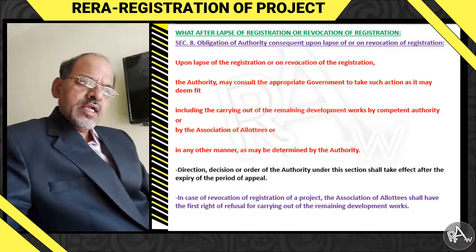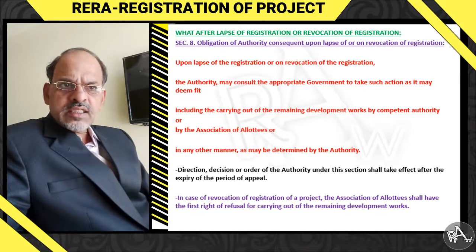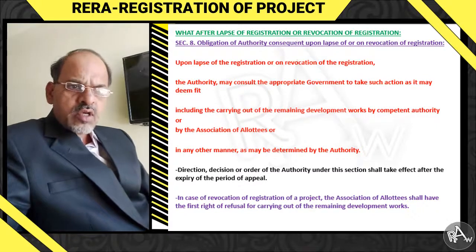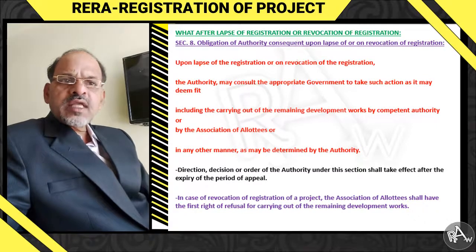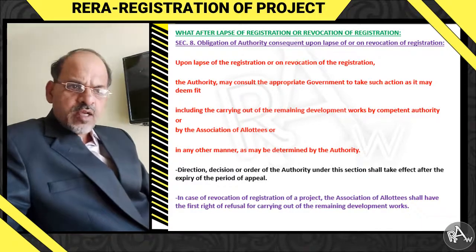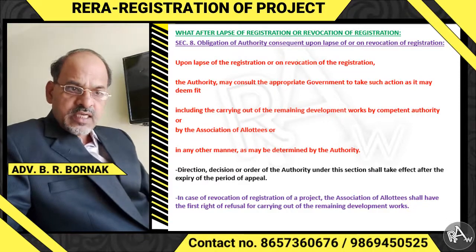Only after expiry of the period of appeal can the provisions of section 8 be invoked, and options be taken under section 8. In case of revocation of registration of a project, the association of allottees shall have the first right of refusal for carrying out the remaining development works.